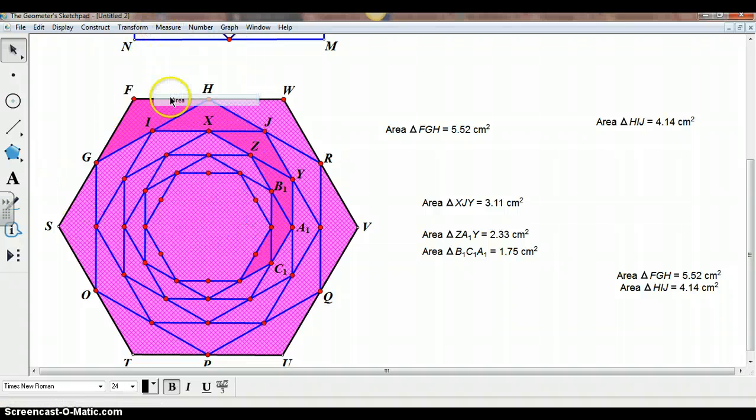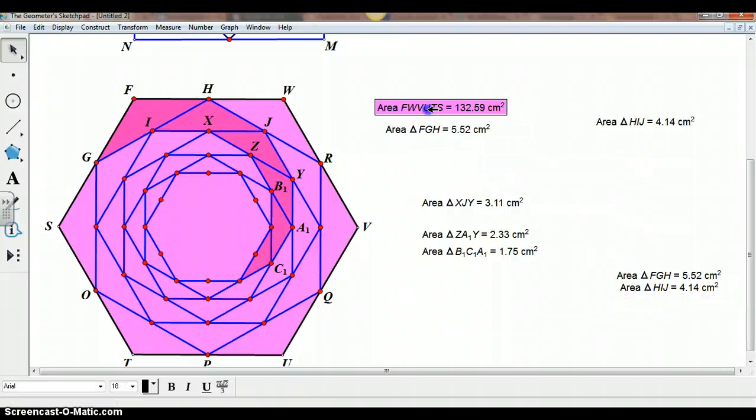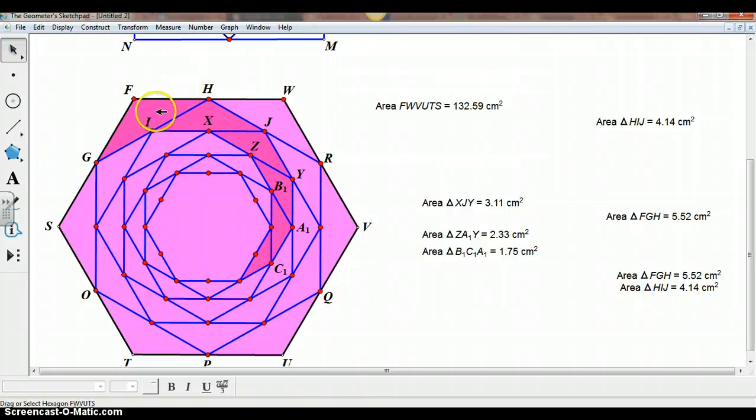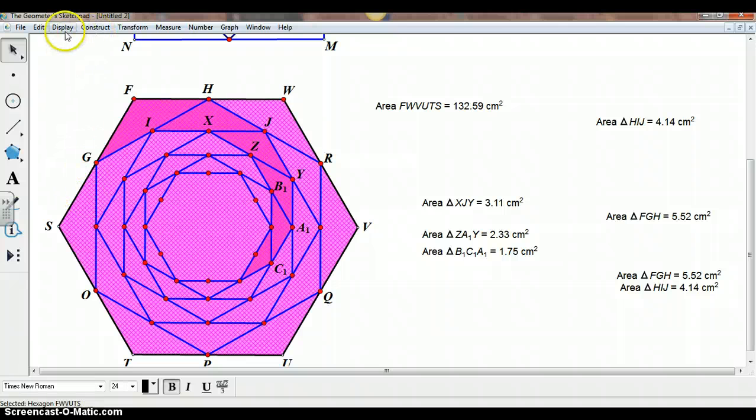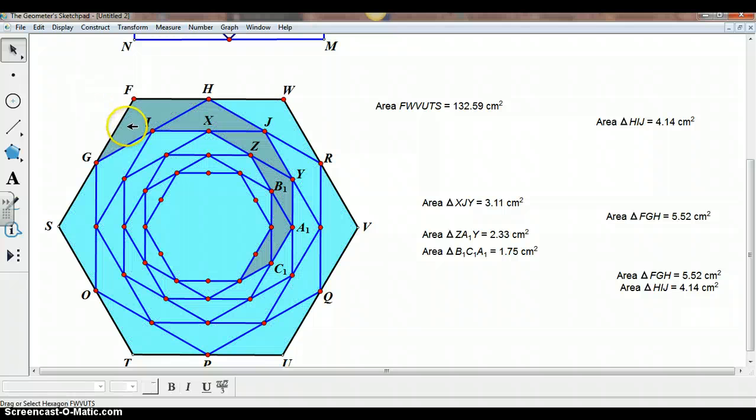We measure it, and we get 132.59 centimeters. Then we ask how many times can FGH fit. It's kind of hard to see, so we'll change the color of the larger one to blue, and grab this darker blue one and do the same thing. I think I already found it. Yep, there it is: 5.52 centimeters.